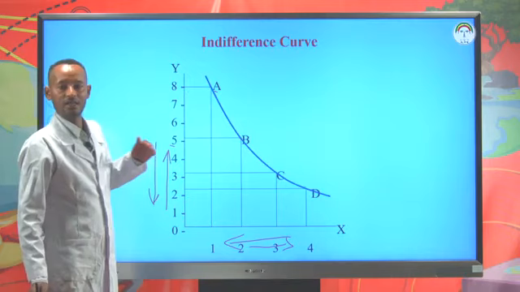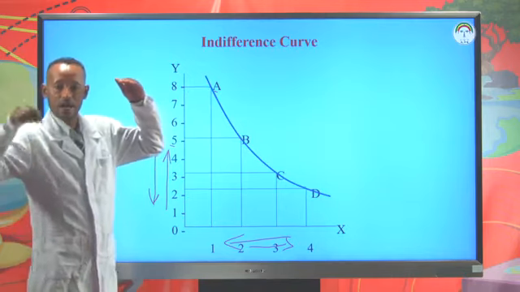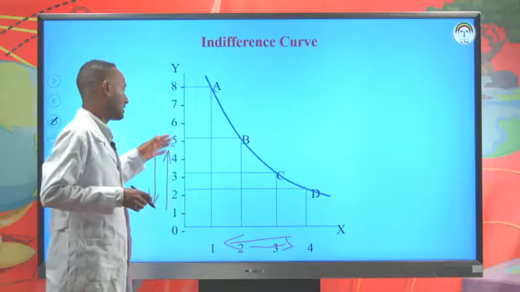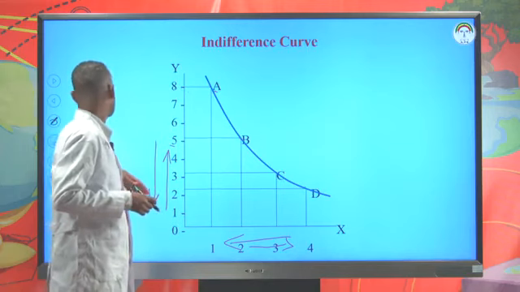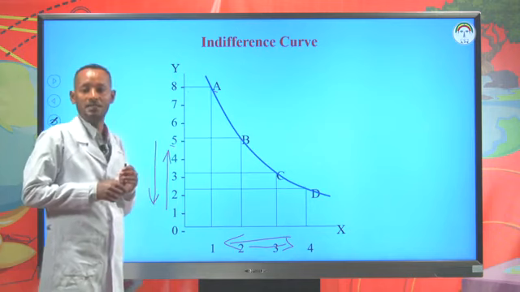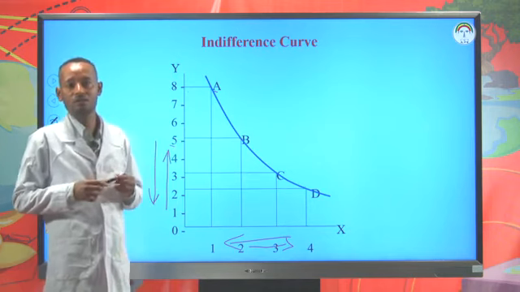So an increase in one variable will decrease, and a decrease in one variable will increase, the other. So due to this inverse relationship between the variables on the x and y axes, the slope of the indifference curve is always negative, or it is a downward sloping curve.